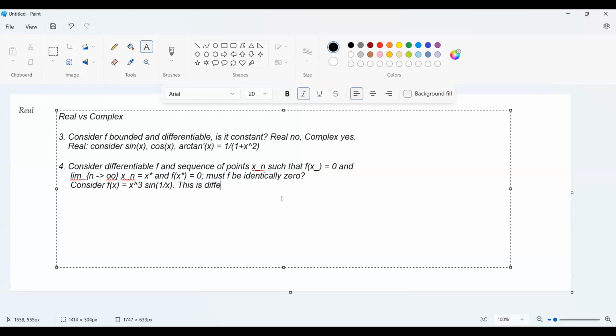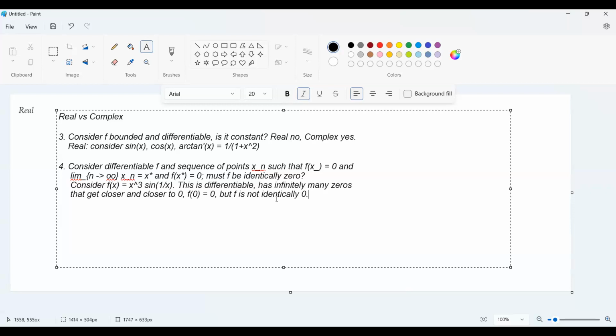This is differentiable, has infinitely many zeros that get closer and closer to 0. f of 0 equals 0, but f is not identically 0.